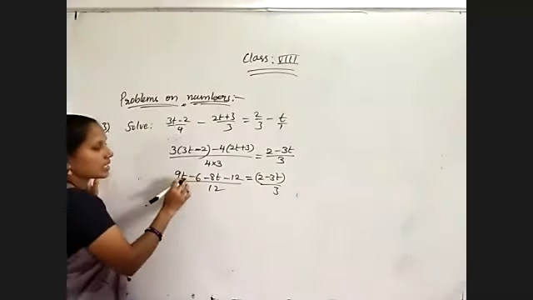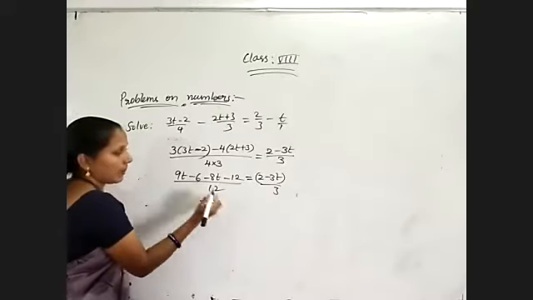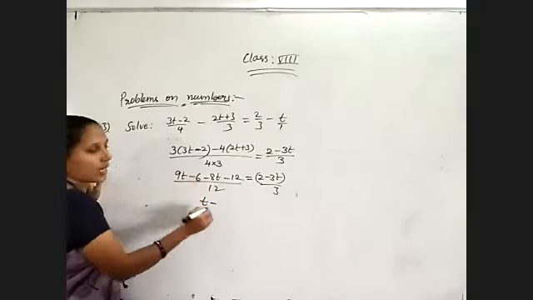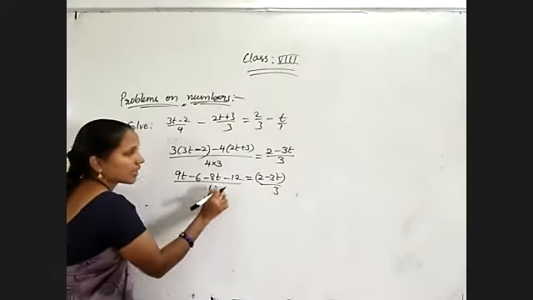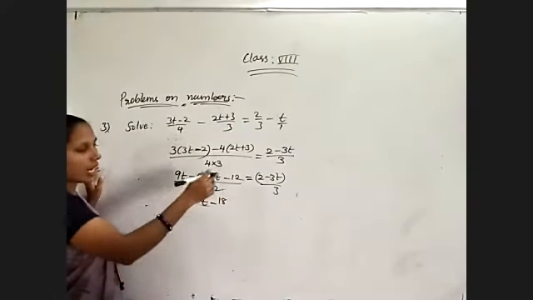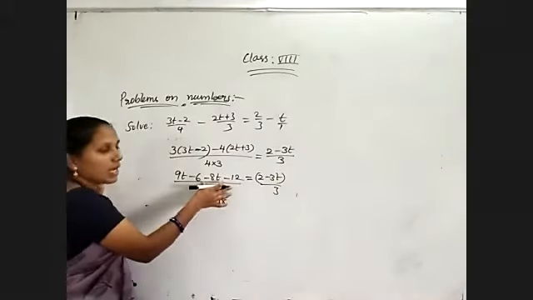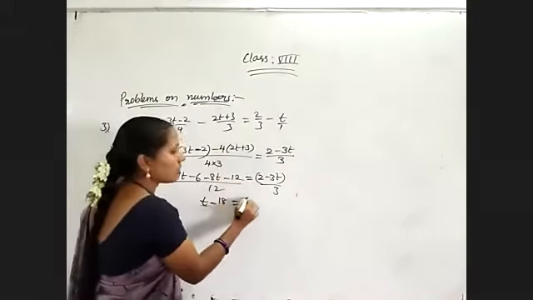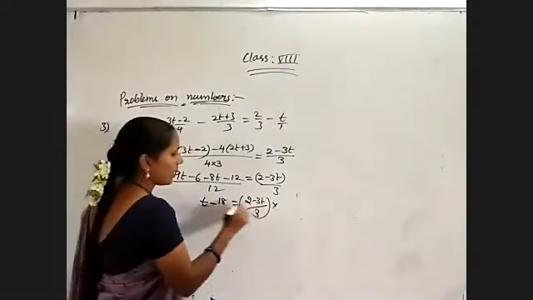Now simplify this. 9t minus 8t is t, minus 6 minus 12 is minus 18, divided by 12. This division I am bringing to the other side, because while transposing to the other side it becomes multiplication. So it is equal to (2 minus 3t) by 3, into 12.